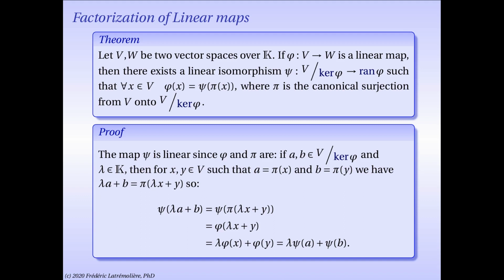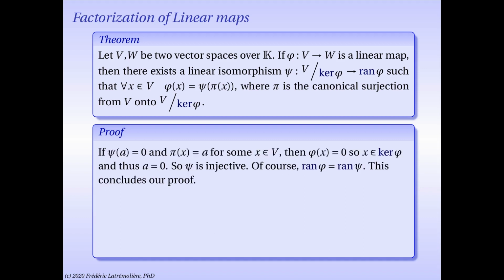So we have that psi of pi of lambda x plus y is simply phi of lambda x plus y, and phi is linear, so I can calculate that. That's lambda phi of x plus phi of y. But again, because of the relation between phi and psi coming from set theory, that equals lambda psi of A plus psi of B. So you've proven that psi is linear.